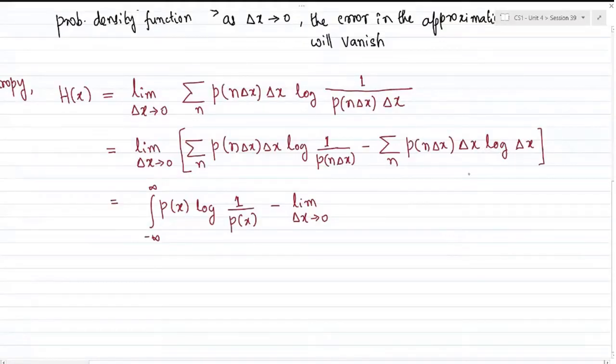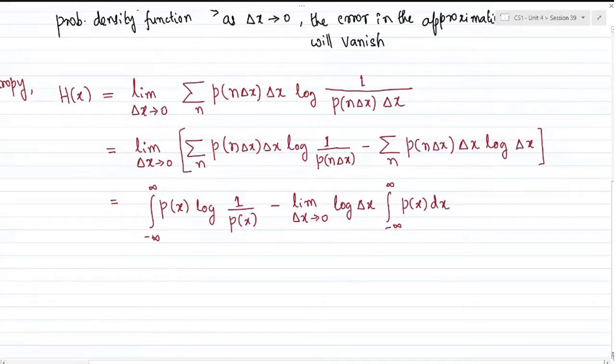These are in fact independent of the value n, so I can take that term outside, as limit delta x tends to 0. Since delta x is a very small quantity, this would be log delta x and minus infinity to infinity p of x dx.